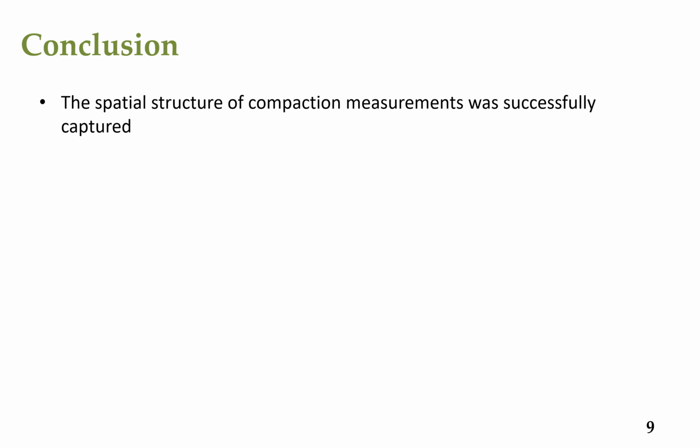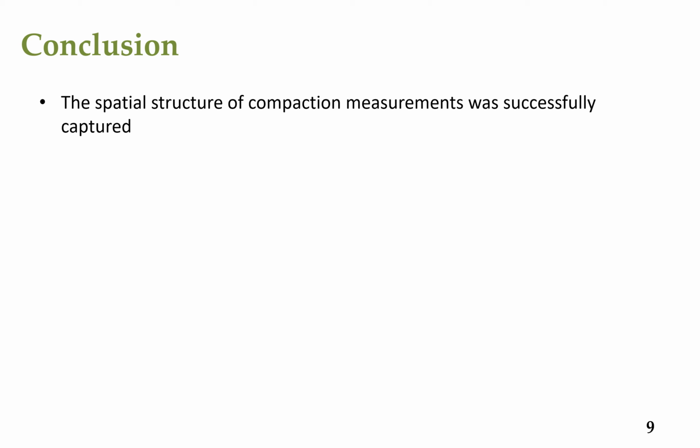And at the end, in the conclusion section, we have the first conclusion, which is very important: the spatial structure of the compaction measurements was successfully captured. This means that we proved that compaction measurement values that are closer to each other are more statistically dependent compared to compaction measurement points that are farther from each other.